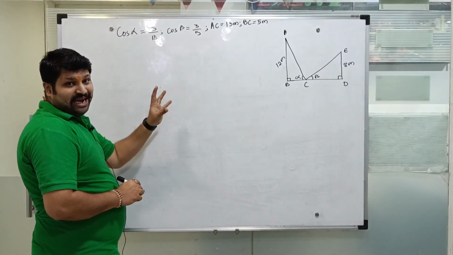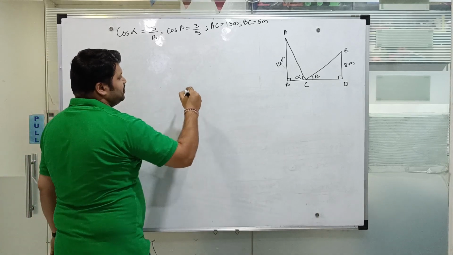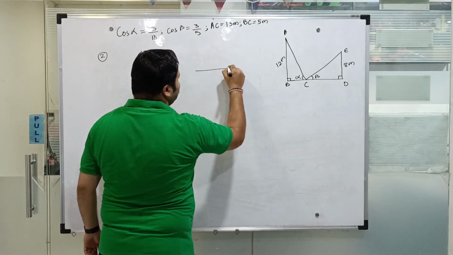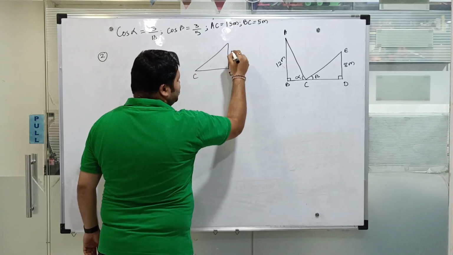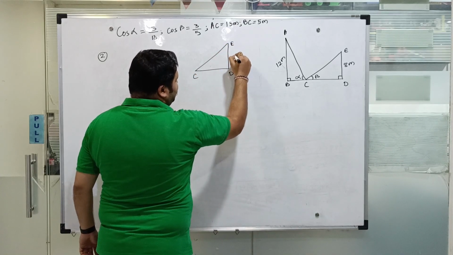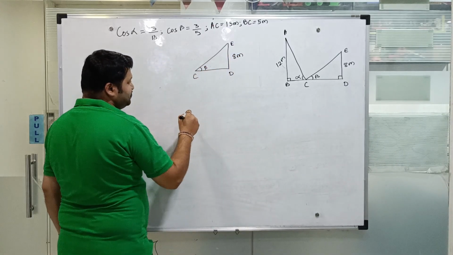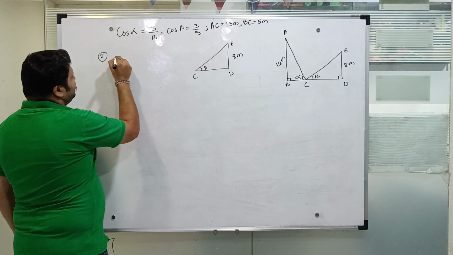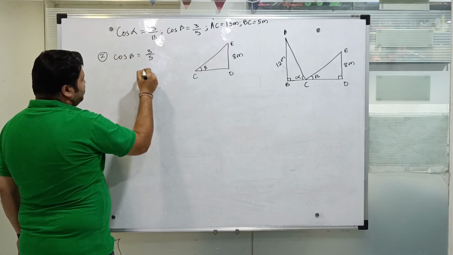Now, for the second part, we will be using the second triangle, that is CDE. So I have my triangle CDE like this. ED is 8 meters and angle C is considered as beta. So they've given us cos beta is equal to 3 upon 5.